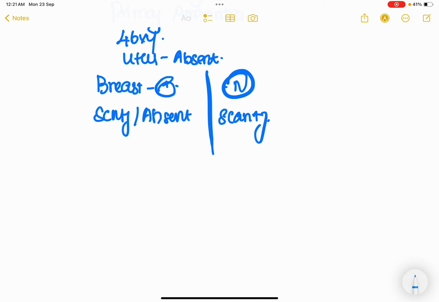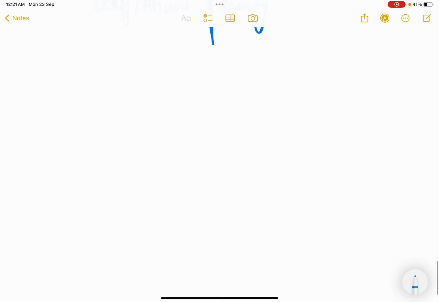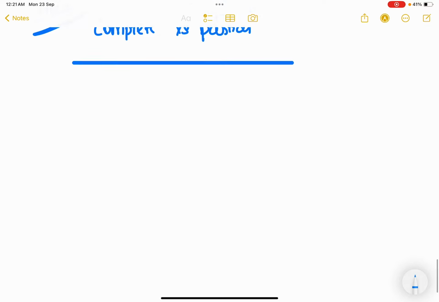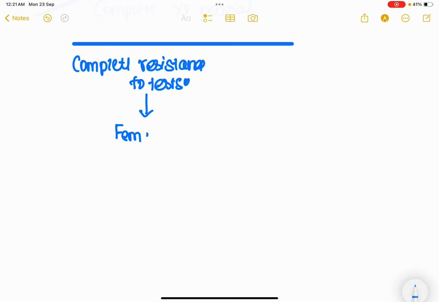The only differentiating feature between the complete versus partial androgen insensitivity syndrome, if an MCQ is given to you, is that in complete androgen insensitivity syndrome, the external genitalia is going to be a female external genitalia, because there is complete resistance to testosterone.